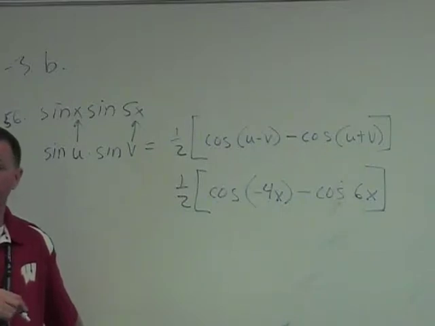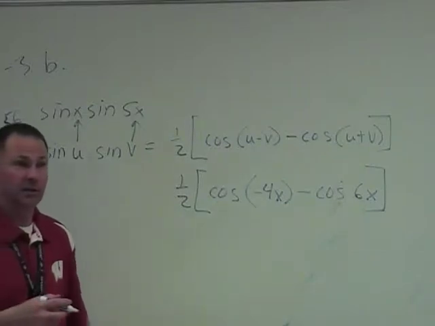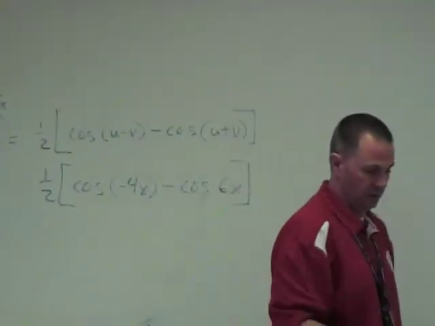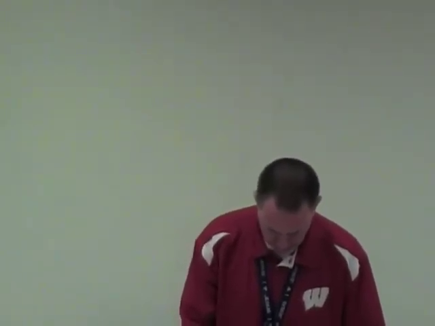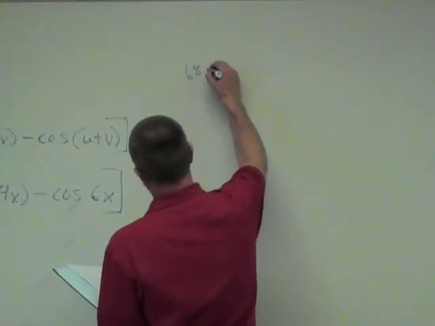So it's the product being changed into an addition or subtraction form. Now let's do one with something in it that we can use, okay? So let's try to do something that's simple here. This is number 68.